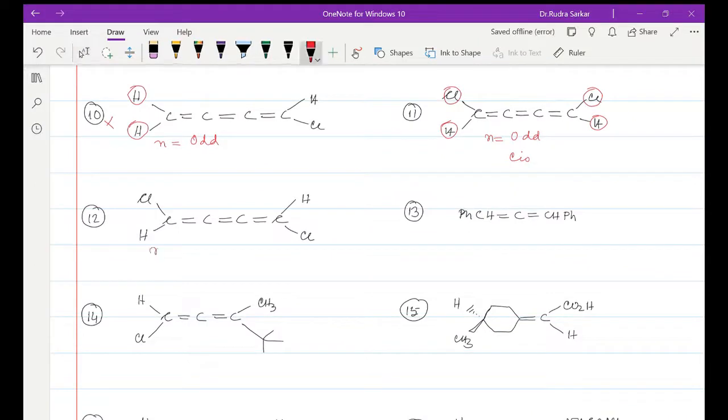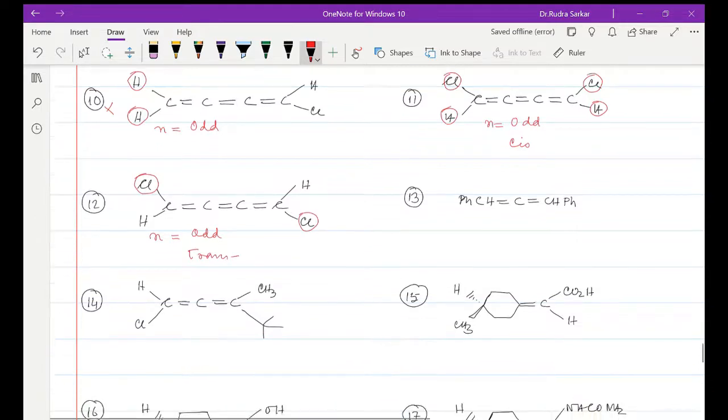Again, n is over here odd, and now as you can see, Cl and this Cl are lying opposite to each other, so this is showing trans geometrical isomerism.